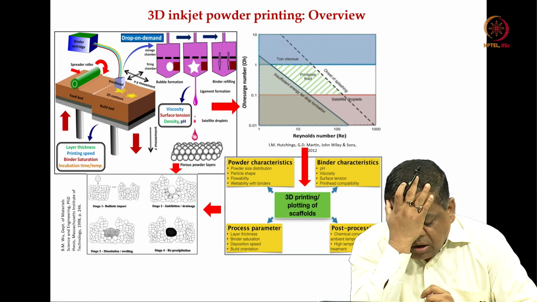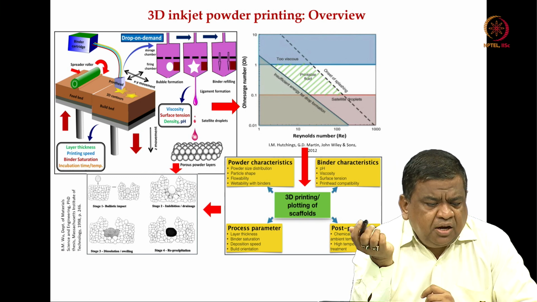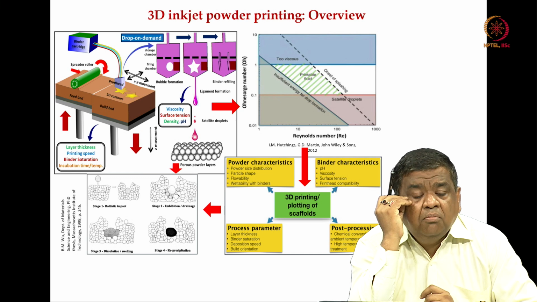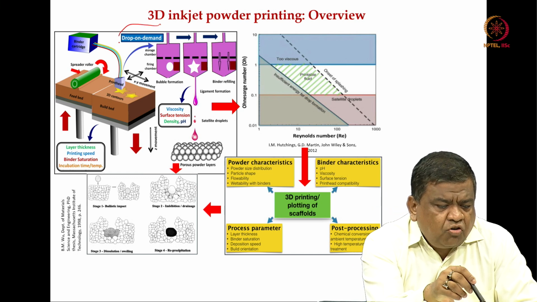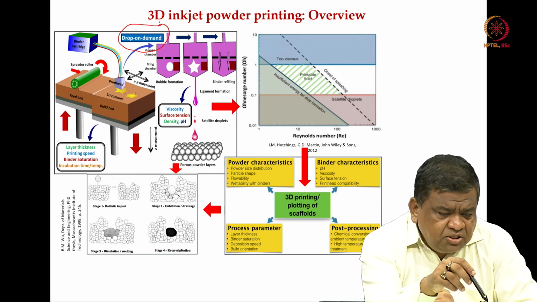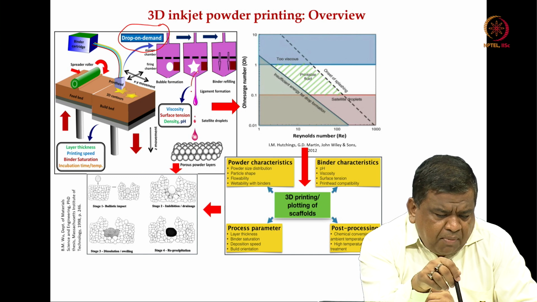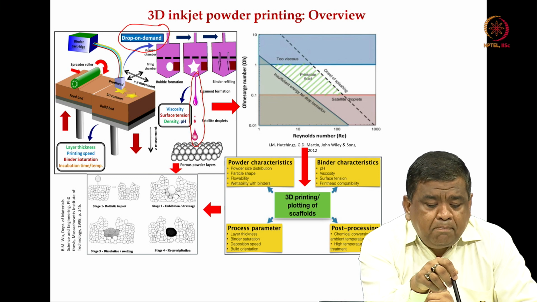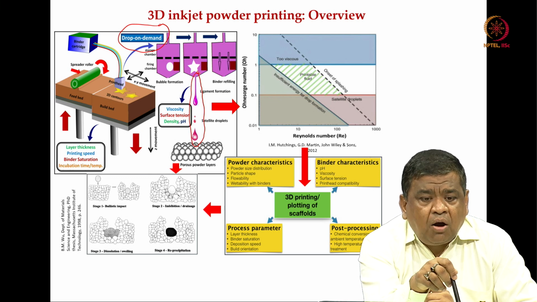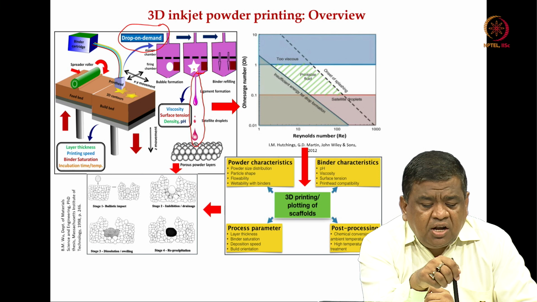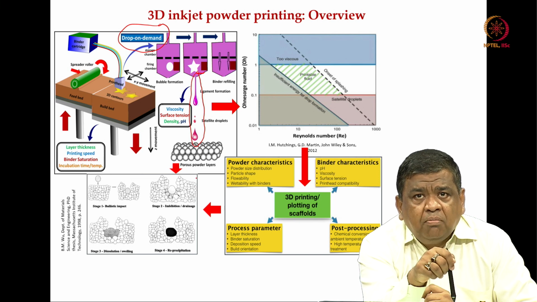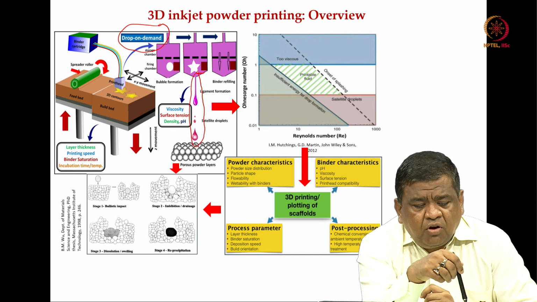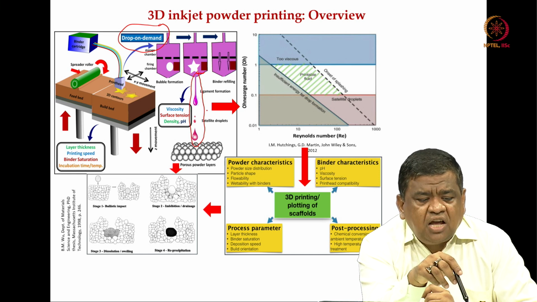So, what we learned in the last lecture, when I gave an overview of 3D binder jet printing, is that it is drop on demand. Drop on demand means that each time the binder is ejected from the print head, impacting on the powder bed and subsequently infiltrating into the powder bed, depends on the information contained in the design file.